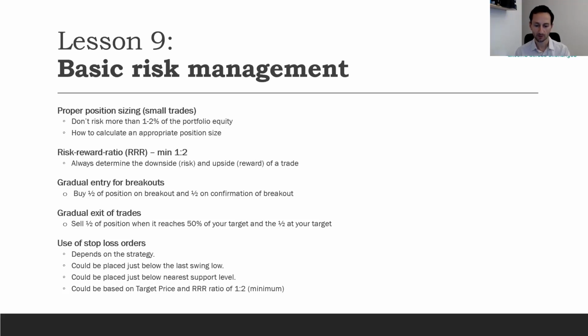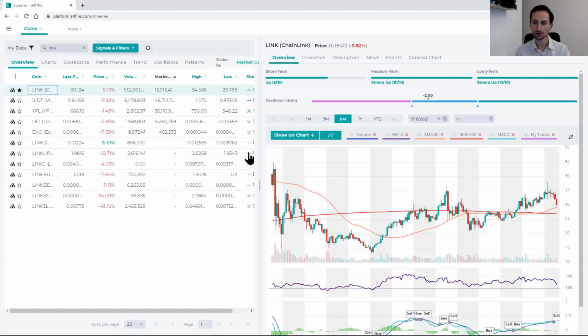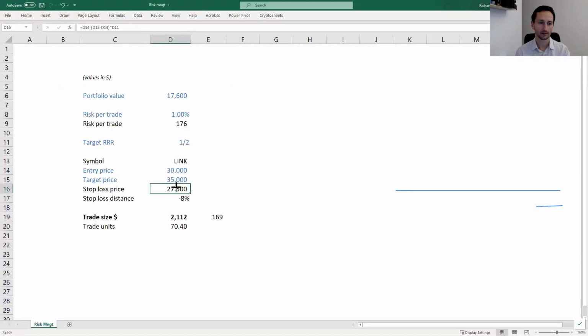Okay, and again, we can demonstrate it right here on the LINK example. If I think that my target is here at 35, where the price can swing back to when it bounces off of 30, and my entry level is 30, then my stop loss price is 27.50. If I enter at 30, then I'm losing 2.50 potentially. 27.50 minus 30 is 2.50.